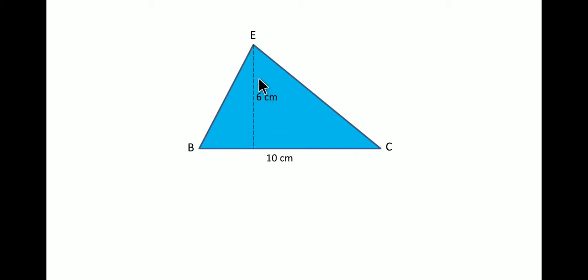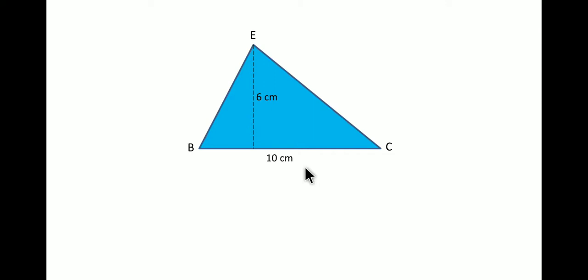Now this portion is called the height of the triangle. From here to here is the height of the triangle, which is equal to 6 centimeter. And down there, this BC will be called the base of the triangle. So the base of the triangle is equal to 10 centimeter.